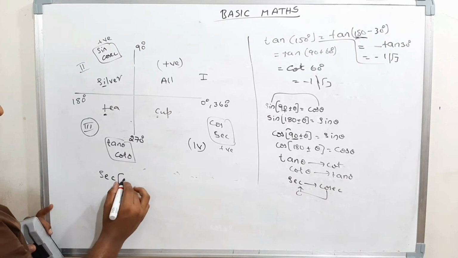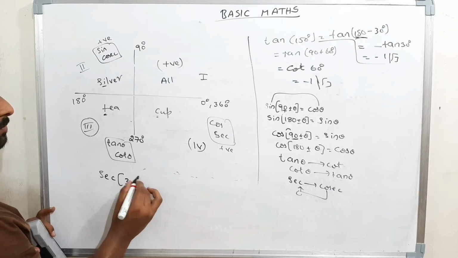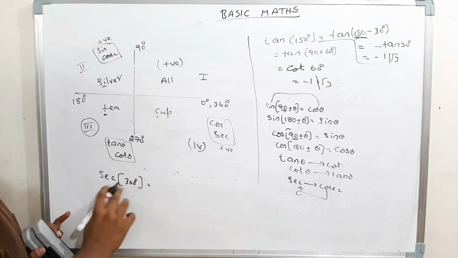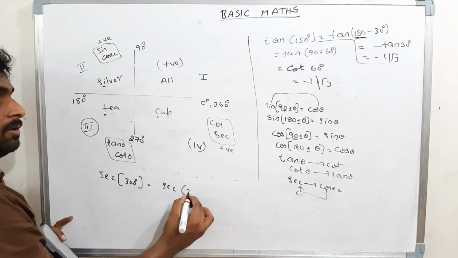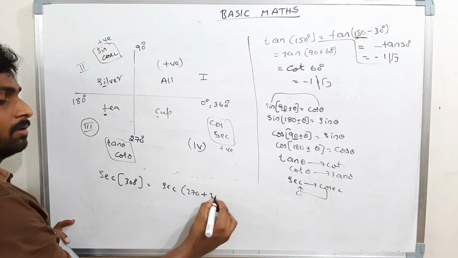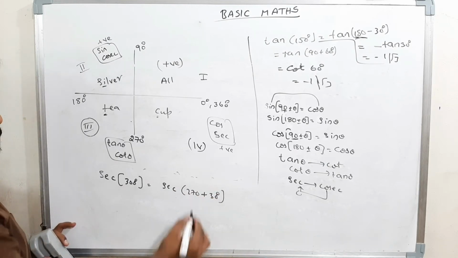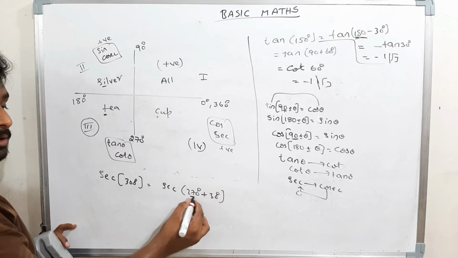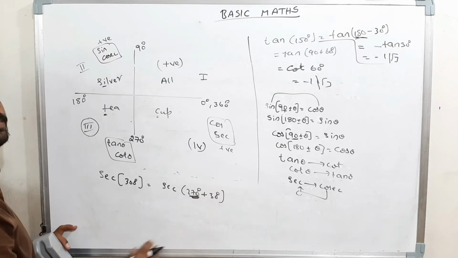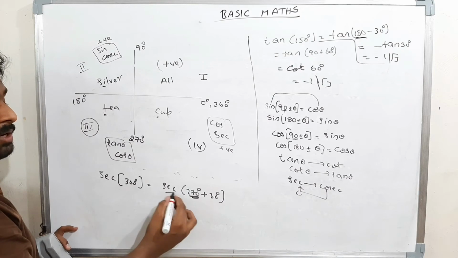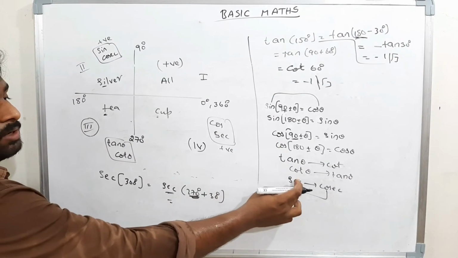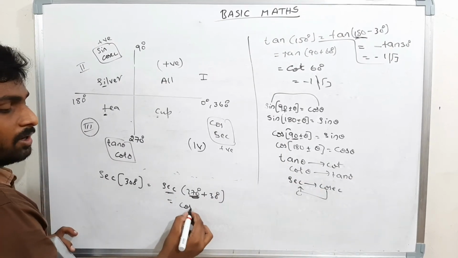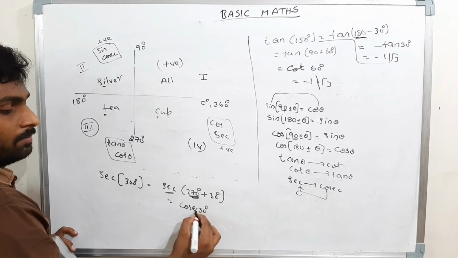Secant 300 degrees. Now secant 300, how can I write this? Secant of 270 plus 30 degrees. Can I write like this? Yeah, I can write. 270 is an odd multiple of 90. Therefore secant will become cosecant. Therefore cosecant 30.